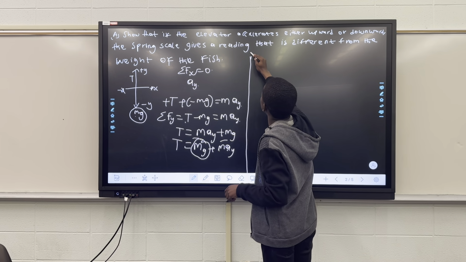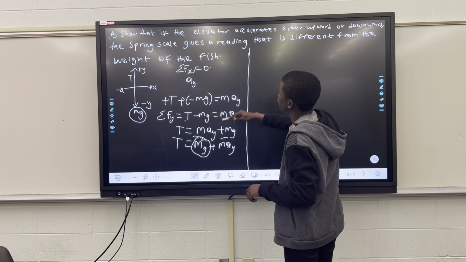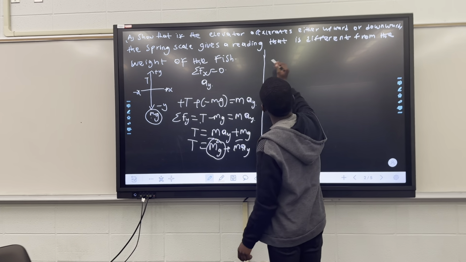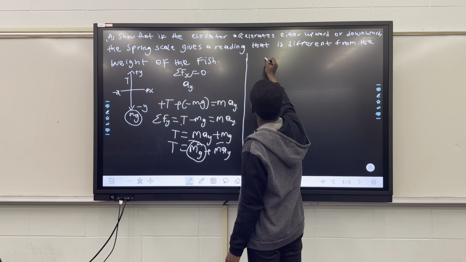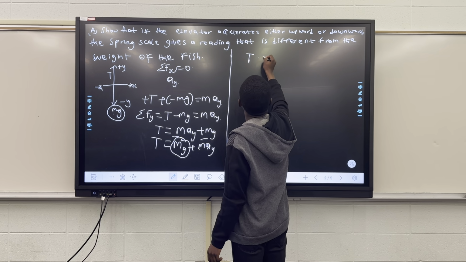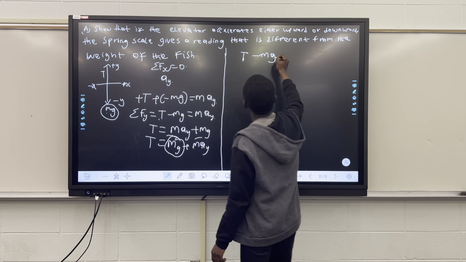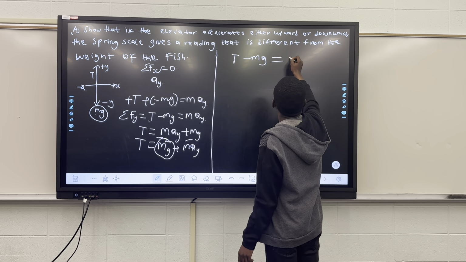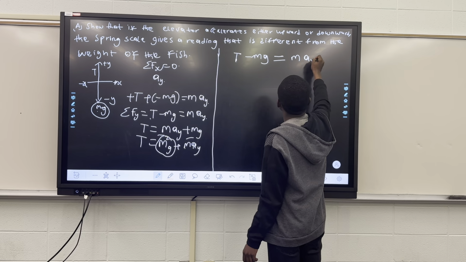Now I'm going to also derive a formula for when the elevator is going downwards. When it's going downwards, the sum of forces will be the tension and the weight pointing downwards, and that will be equal to the mass still times the acceleration.